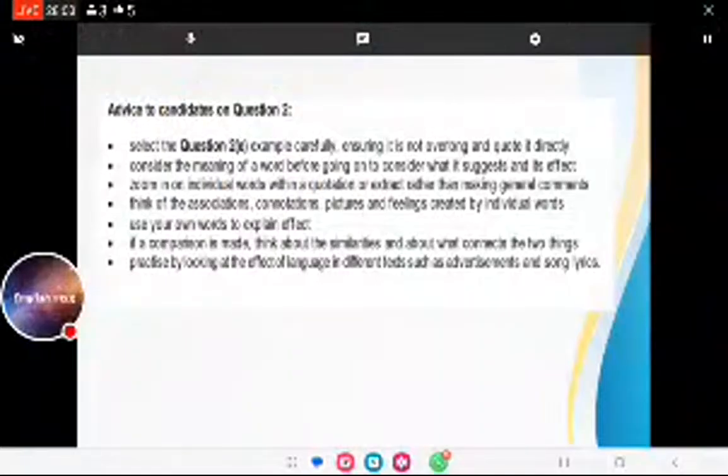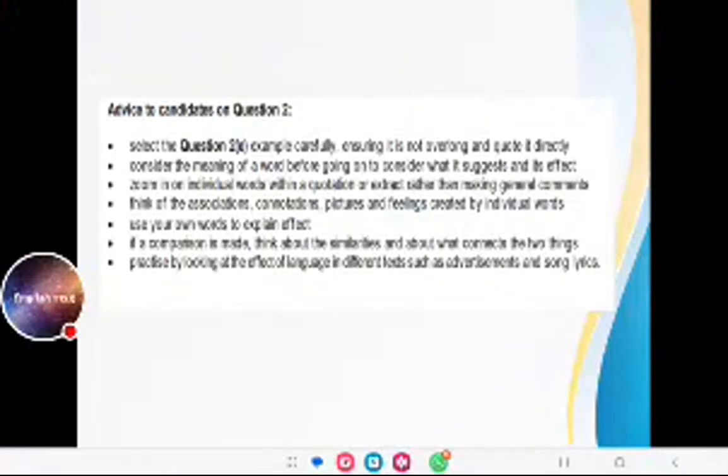Which word is the most important word in that example? Ask yourself what is the meaning of that word. Once you are clear about the meaning of that word, think about what the connotation can be.